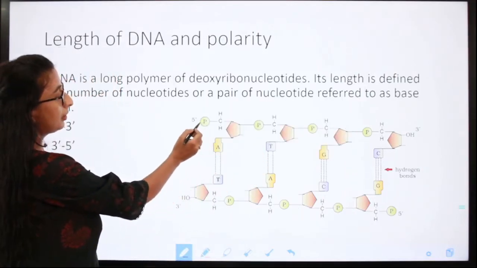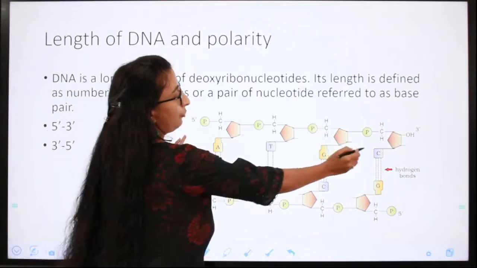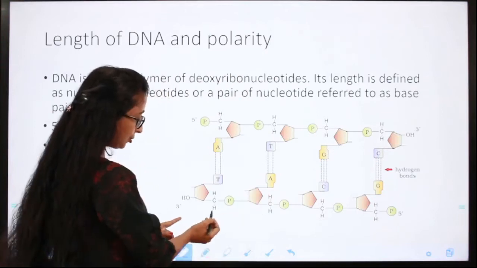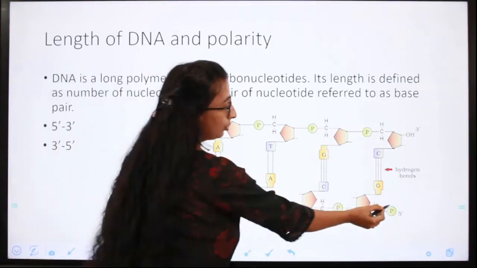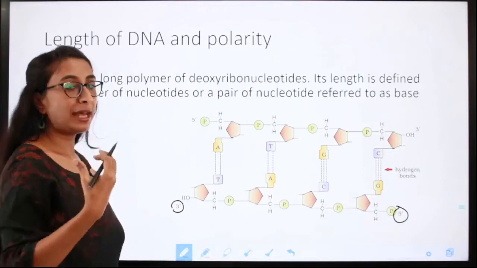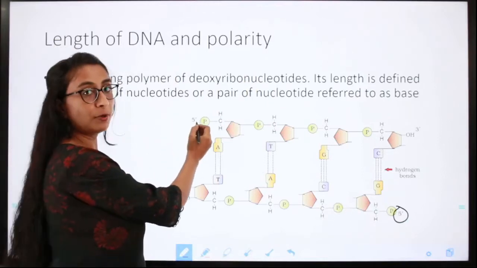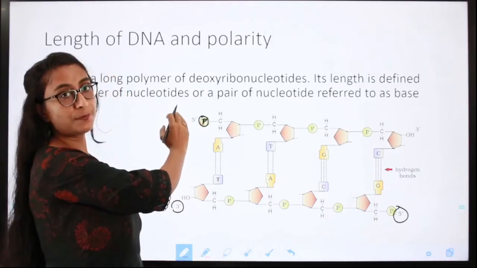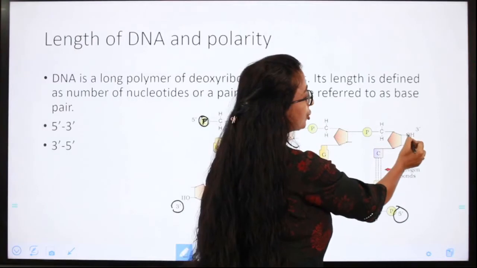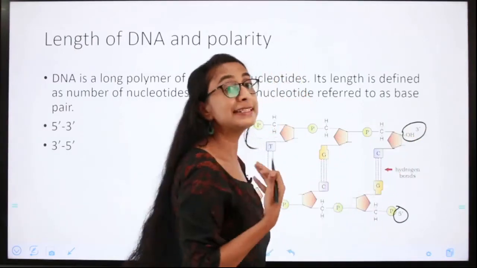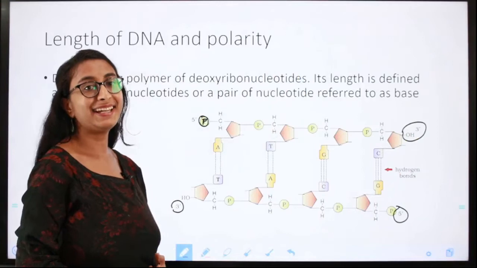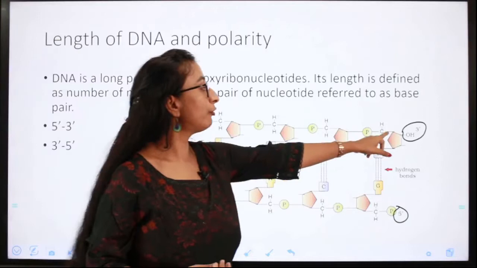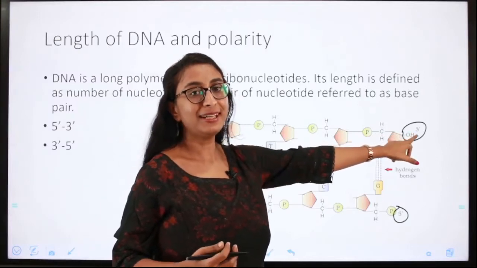See here, this strand of DNA is in 5' to 3' direction and this strand of DNA is in 3' to 5' direction. So when we say polarity, 5' end means it has a free phosphate group, and at the 3' position you have a free hydroxyl group. This is what we mean by polarity in the DNA. Got it?